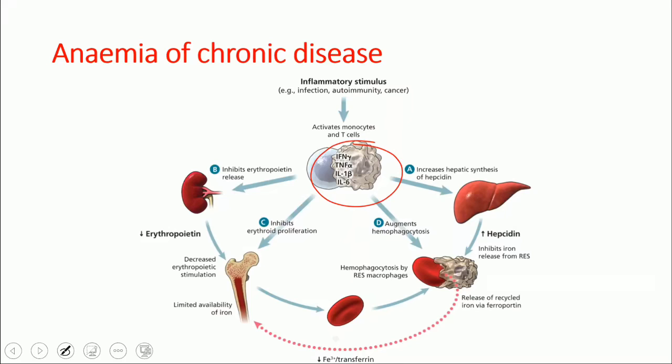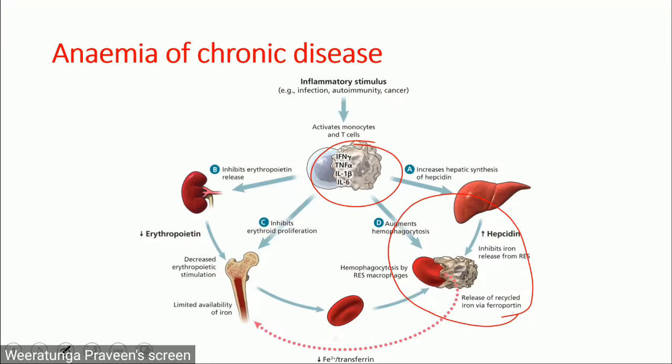An important consequence of this inflammatory response is that the release of iron from the reticuloendothelial system, that's where the iron is stored, is suppressed. The inflammation suppresses the release of iron for hemoglobin formation. There is a lot of iron there, but it is not being released.